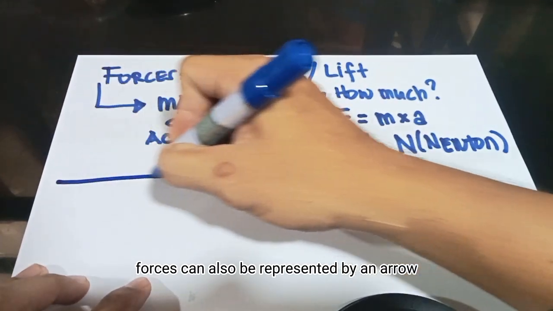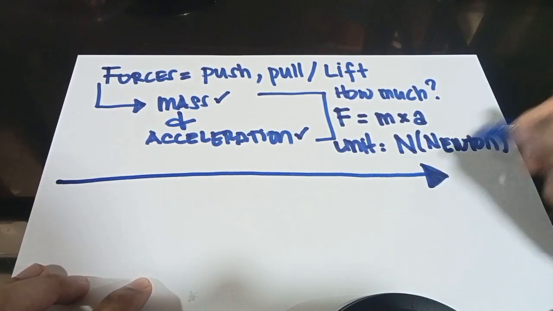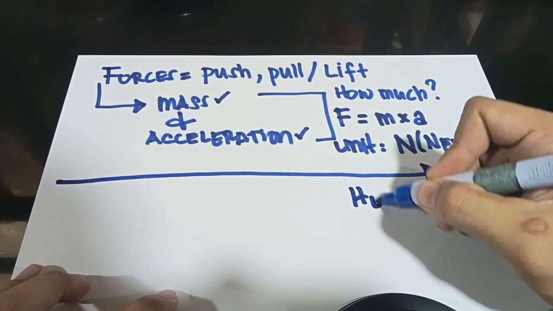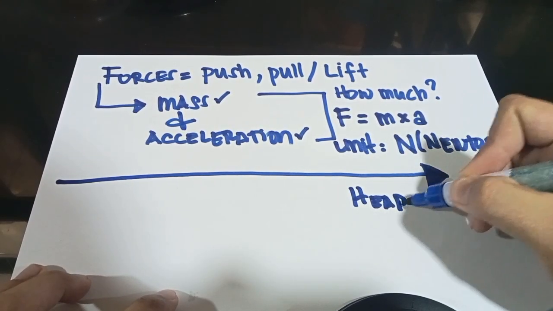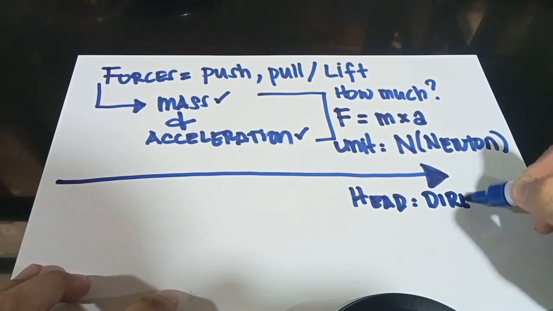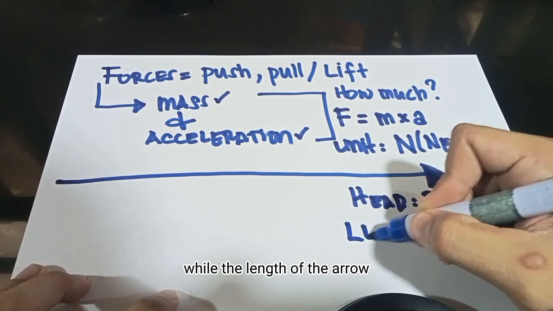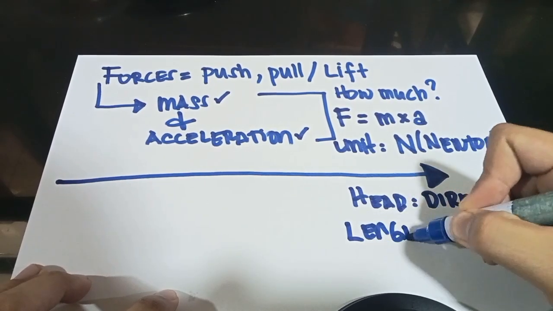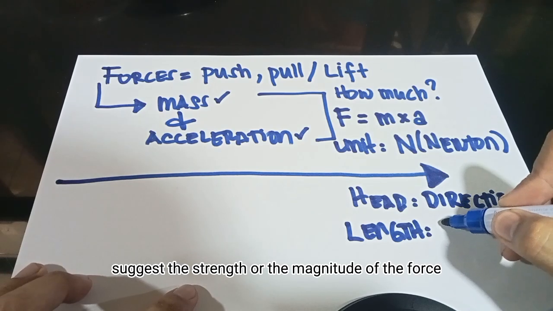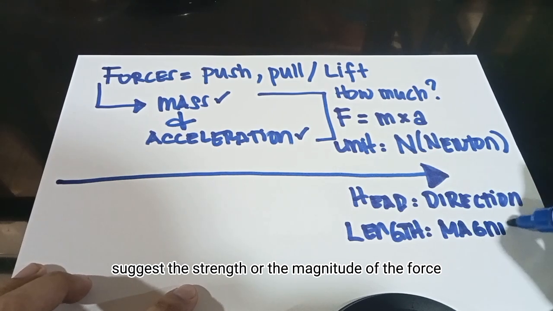Forces can also be represented by an arrow. The arrowhead determines the direction of force, while the length of the arrow or the body of the arrow suggests the strength or the magnitude of the force.